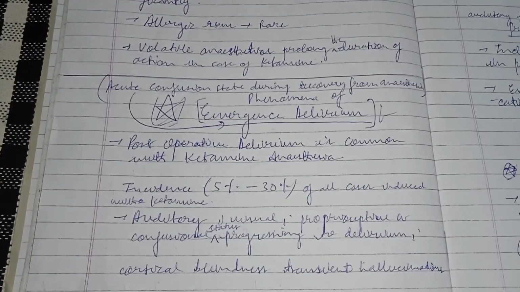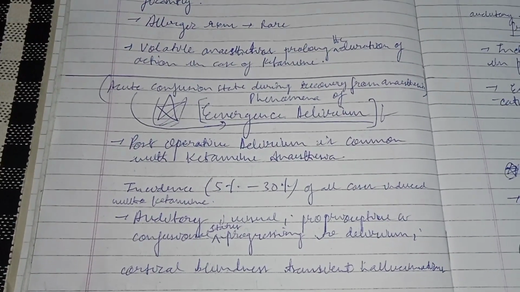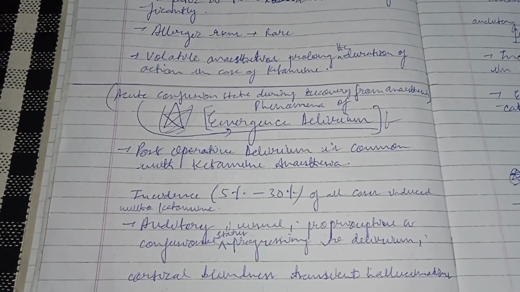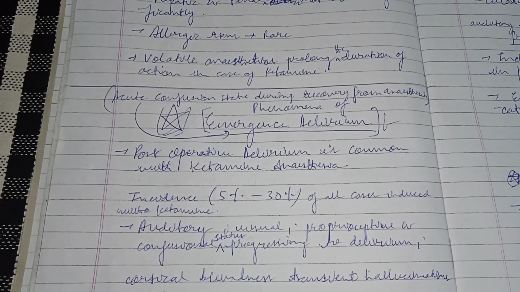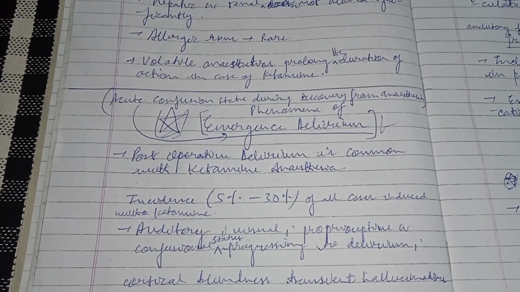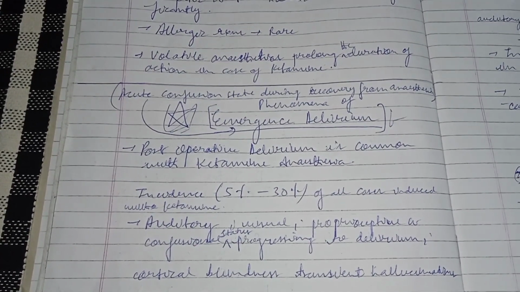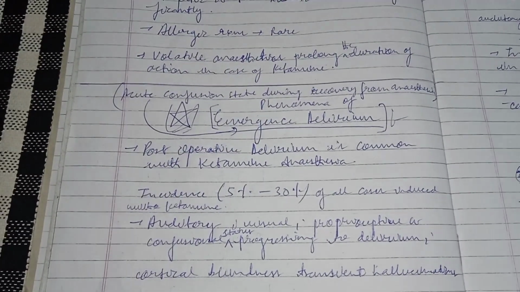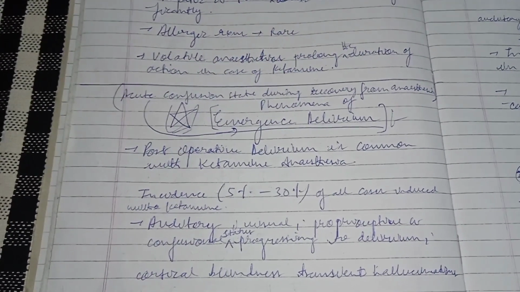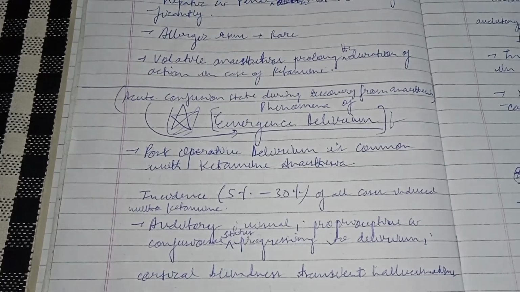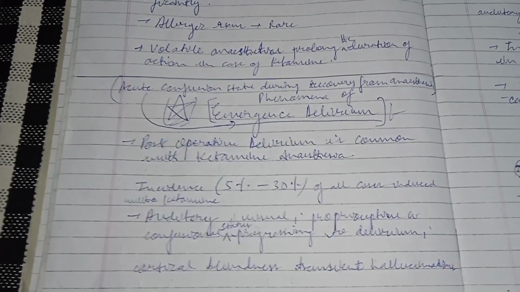Now we need to know about the phenomenon of emergence delirium. What is it actually? It is an acute confusion state during recovery from anesthesia, meaning a state of confusion seen when the patient is recovering after anesthesia.